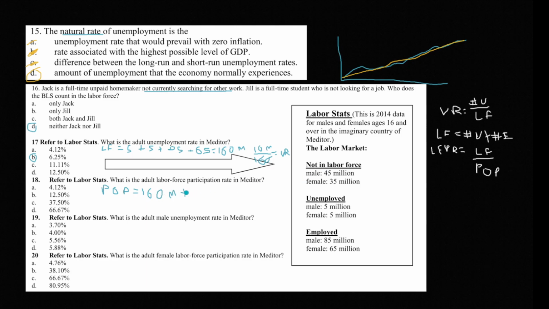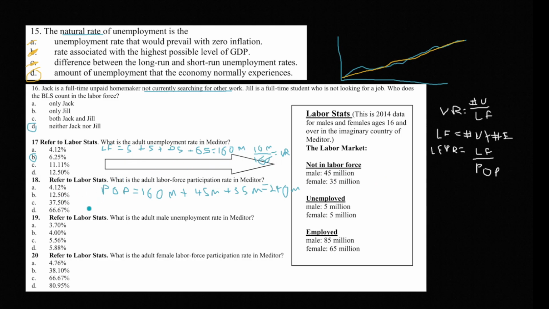And we have to add the people not in the labor force, and that's 45 million and 35 million. So 160 plus 45 plus 35 is 240 million people. And so now we have the labor force and we have the population.